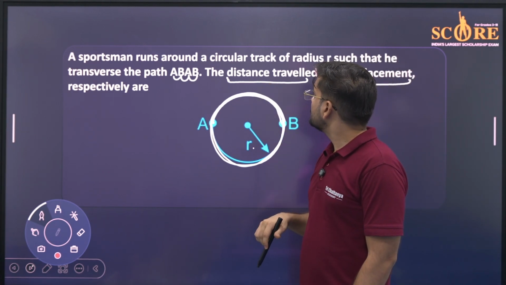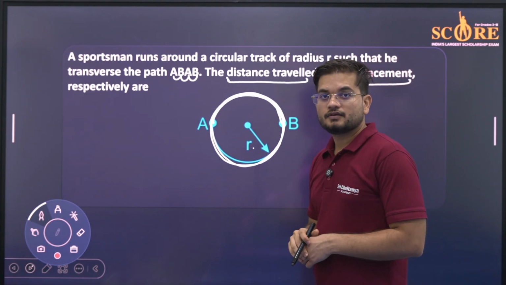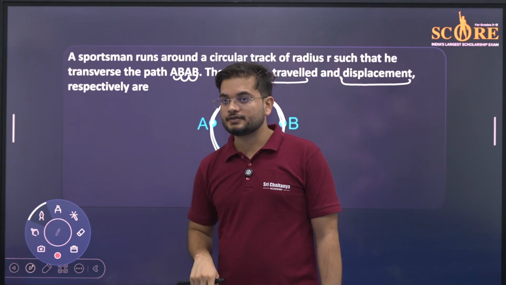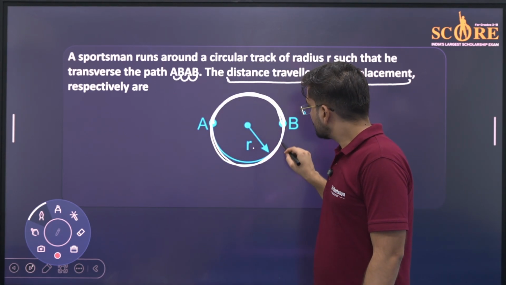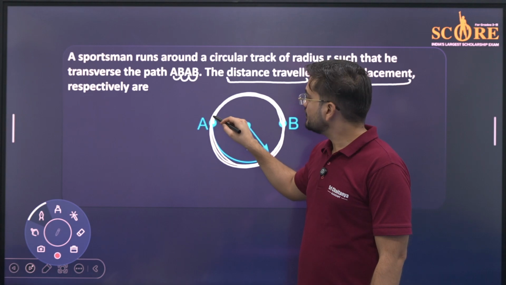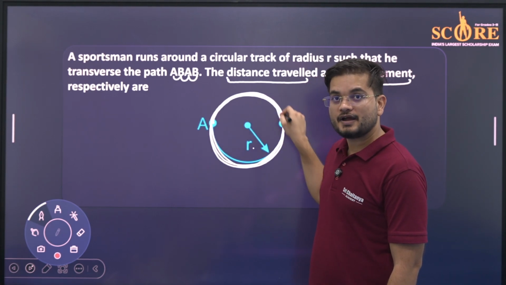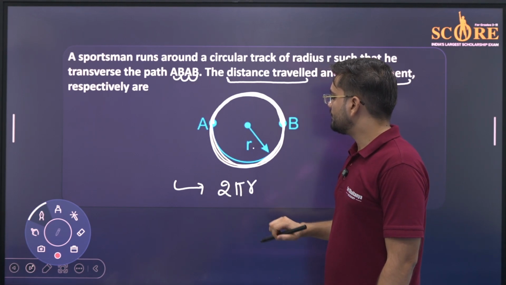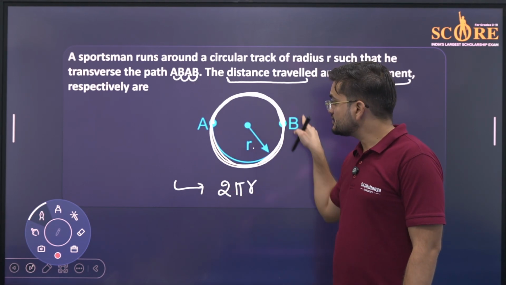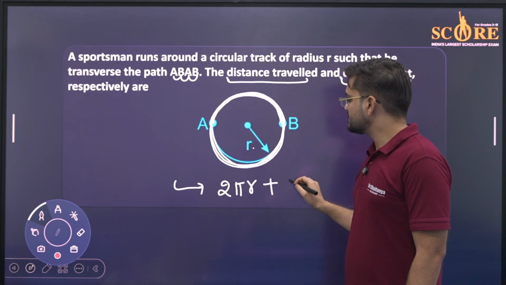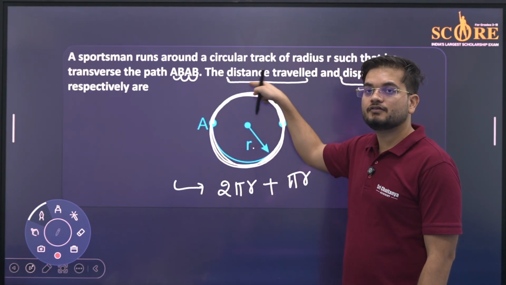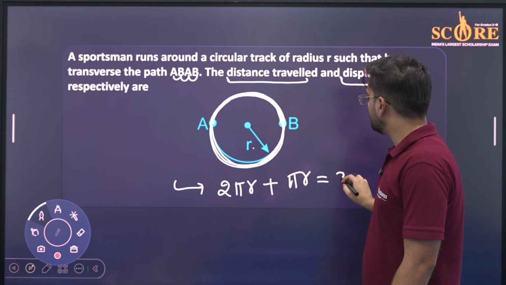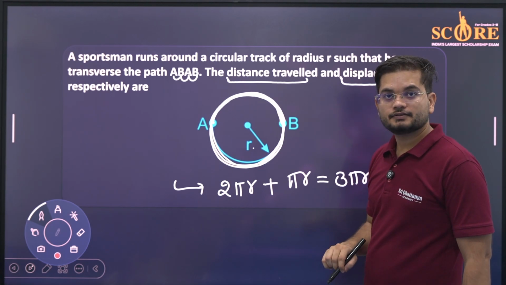Then what is the distance traveled? What we have discussed: distance traveled is the length of path. Total distance traveled will be 2 pi r, the distance in one revolution, plus pi r, the distance traveled in another half revolution. So the total distance traveled will be 3 pi r.